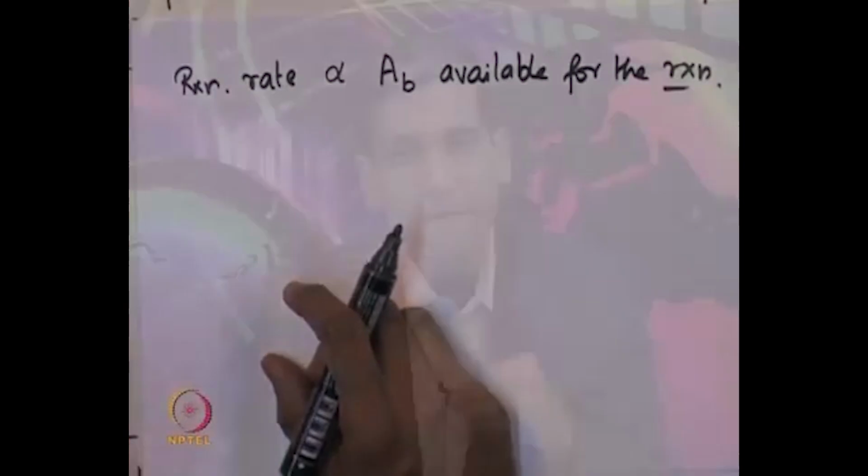Now, the surface area of the bubble which is available for the reaction, what does it depend upon? It depends upon the amount of time that the bubble spends inside the reactor.